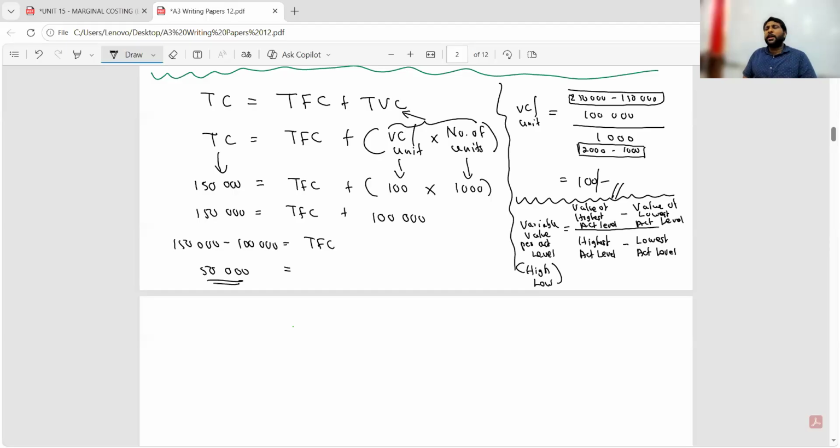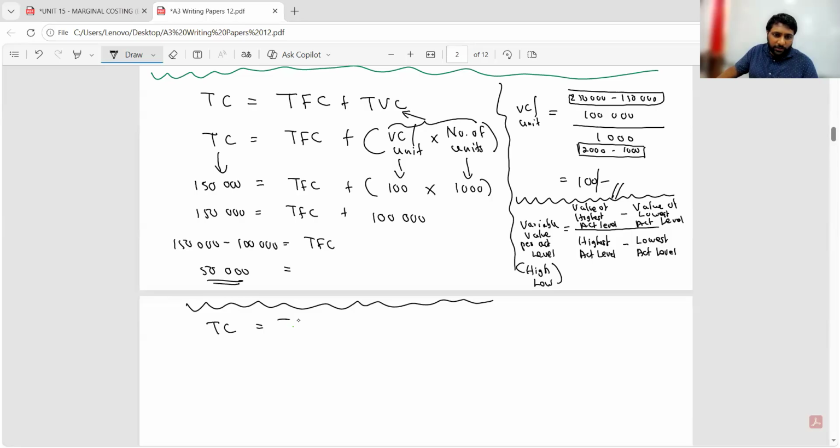I am not required to take only 1000 and do it. Fixed cost means fixed. Even if you make 1000 units, even if you make 2000 units, fixed means fixed. That's why we call it fixed. That's a variable. So I'll do it for 2000 units also.